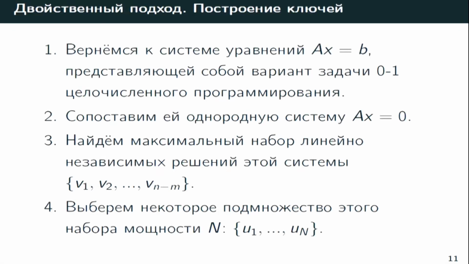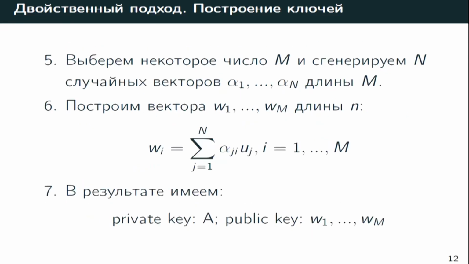So we have this next approach based upon the IX equals B, but here we have a more homogeneous system, and we have the maximum number of the selection. For each of the solutions, we generate a random alpha vector, and we make the vectors that are the open key.